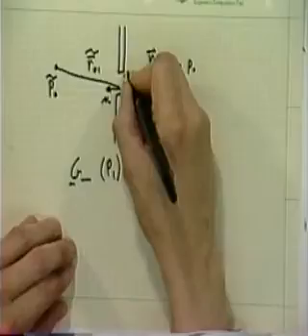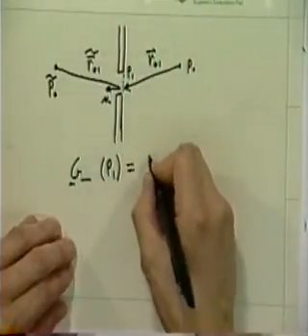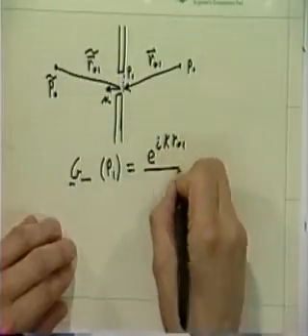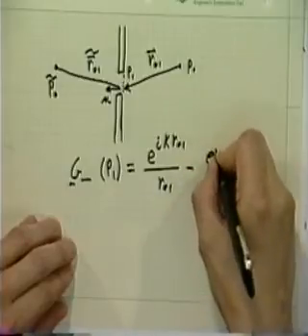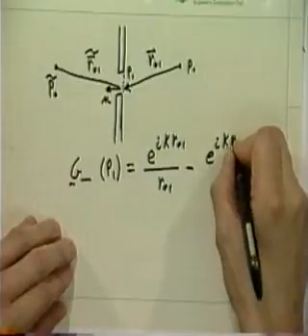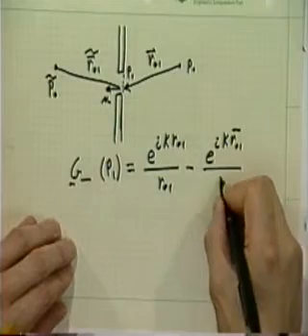So this is P1 right here. That this is equal to e to the i k R01 over R01 minus e to the i k R01 tilde over R01 tilde.